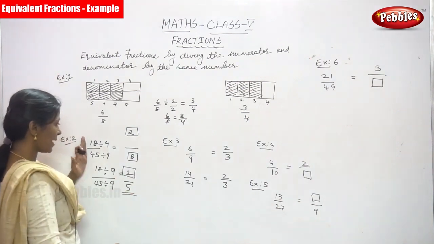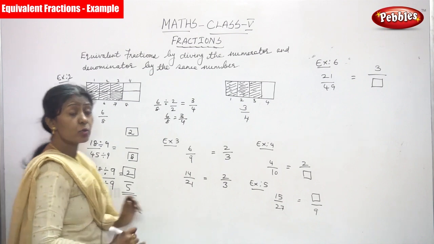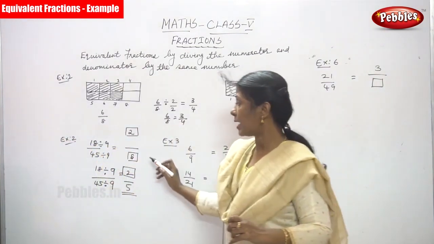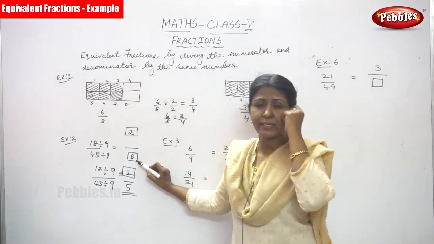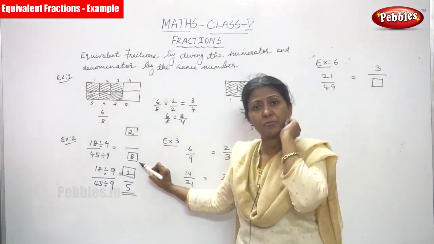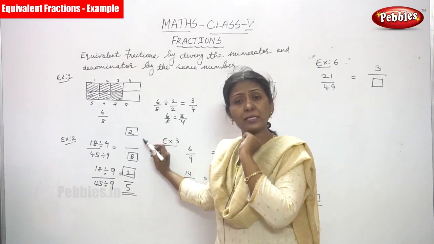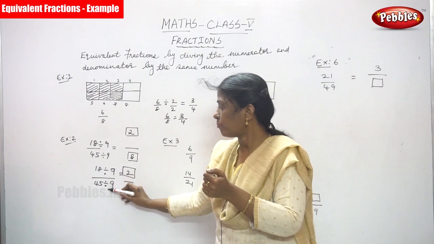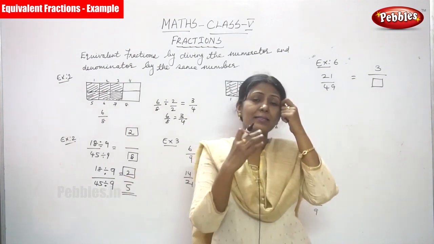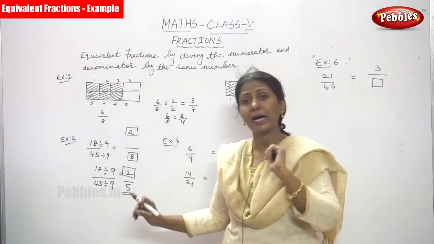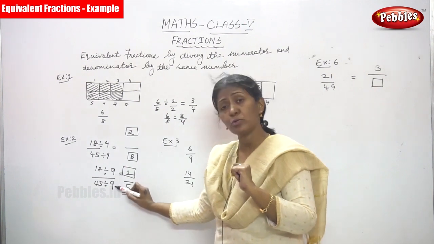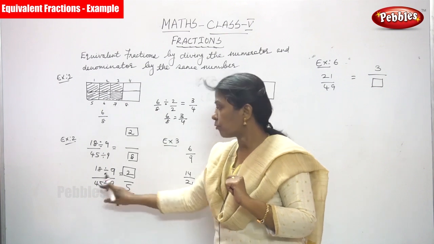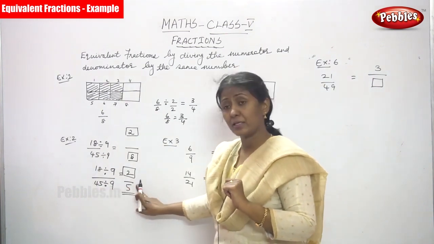So I'll repeat the sum. 18 by 45, I have to make it as an equivalent fraction. The denominator place is given as 5, so you have to find out the numerator value. I have to use 9, because in the denominator place I got the answer 5.